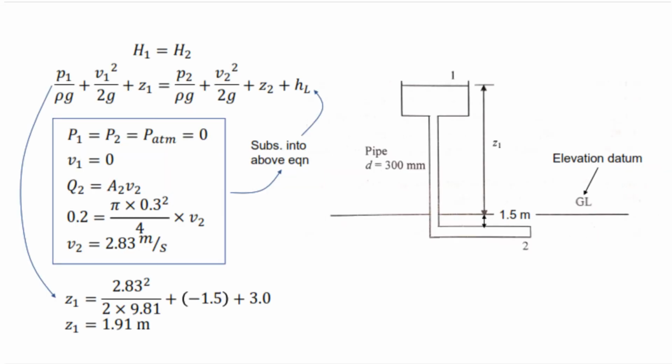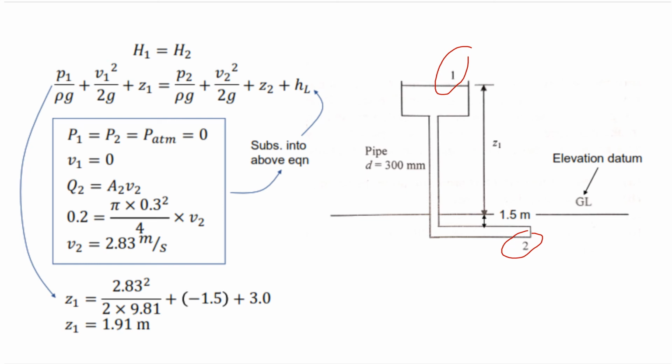So we solve this question using the Bernoulli equation, where head at point 1 is equal to head at point 2. So pressure 1 equals pressure at point 2, where it is pressure atmosphere.